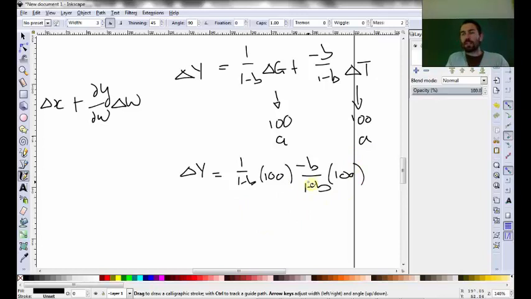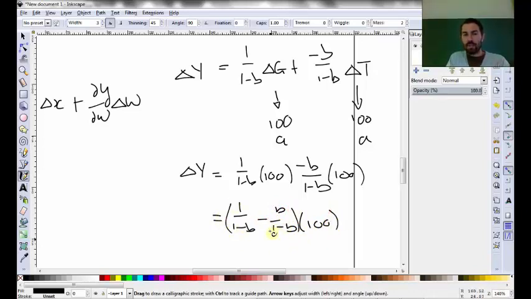Now I can simplify this equation and make it very obvious what the answer is. 1 over 1 minus B times 100 plus minus B over 1 minus B times 100. Well, I've got the number 100 as a common factor. So I have 1 over 1 minus B minus B over 1 minus B, times 100.